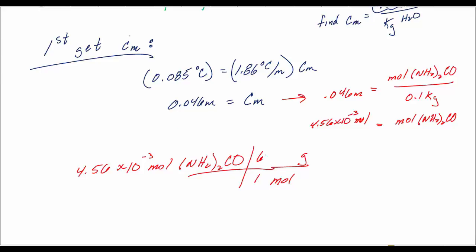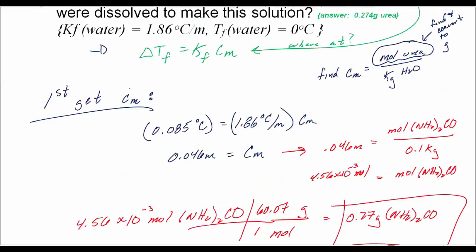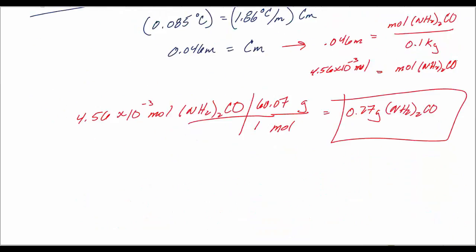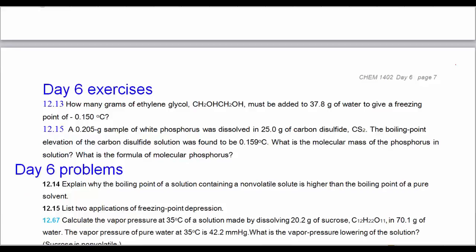If you add up 2 nitrogens, 4 hydrogens, a carbon, and an oxygen, you should get about 60.07 grams per mole. Take that times my moles, 4.56 times 10 to the negative 3, and I get about 0.27. Okay, and that's the answer. That works. And there we go.